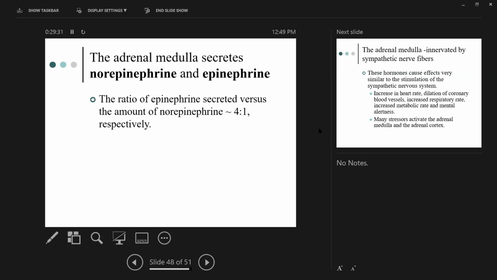And it makes them in about a 4-to-1 ratio. And your alpha-1 receptors in your peripheral circulation are much more sensitive to epinephrine than they are to norepinephrine.